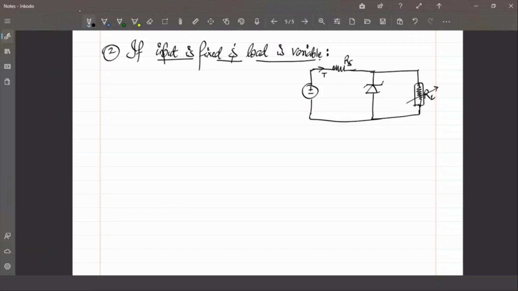The source current is IS. This is Vs. And the voltage of the Zener is Vz. Output is taken across this RL. So here you can see that your load itself is variable. RL is a variable quantity. Load is variable means RL is variable, and input is fixed means Vs is a fixed quantity. It is not varying.